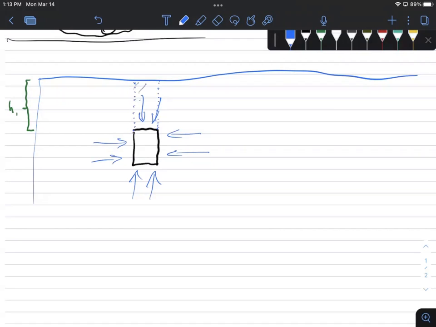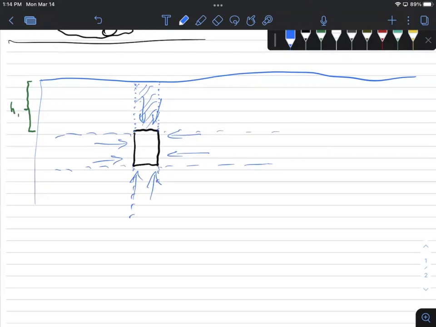And so all of this water here is pushing down. And the same thing would go here. All of the water on the side is pushing that way, all of the water on this side, and so forth. And then, of course, from the bottom as well.